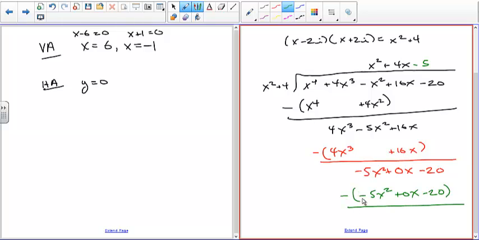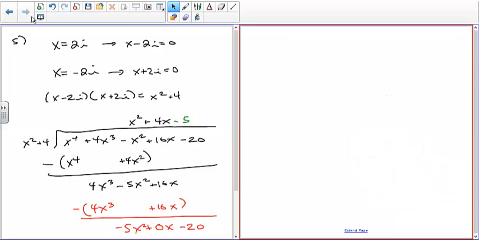So this goes to 0, and this goes to 0. So I've got a 0 remainder, and it has to work, or I didn't give you the right problem. When you get a remainder other than 0 here, you'd say, hey, either the teacher did it wrong or I did it wrong. Sometimes it does happen, but in this case it didn't.